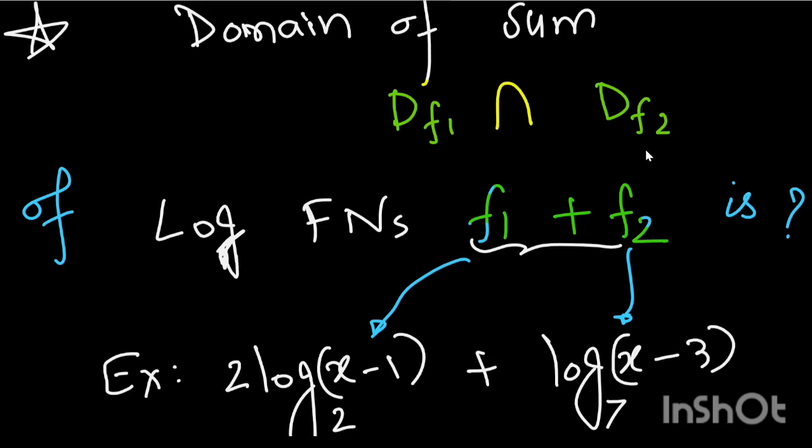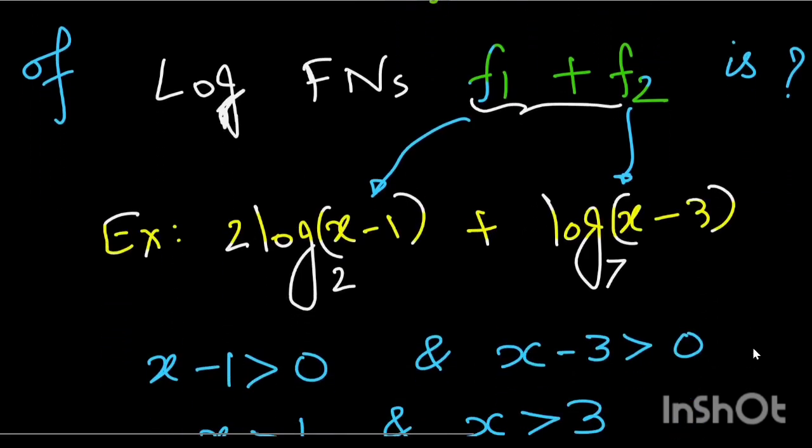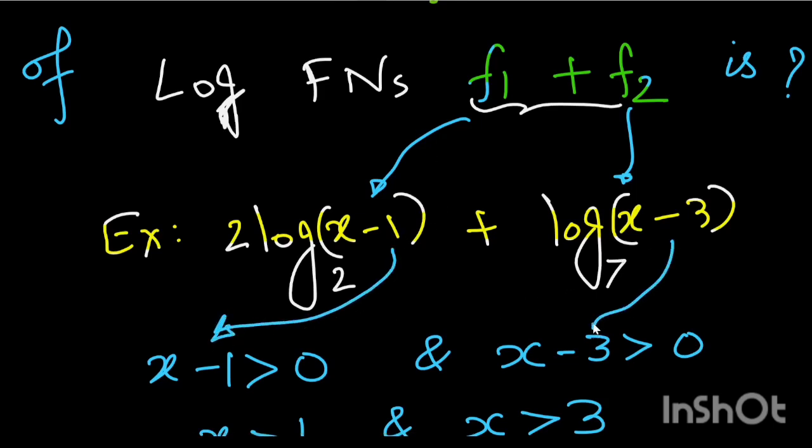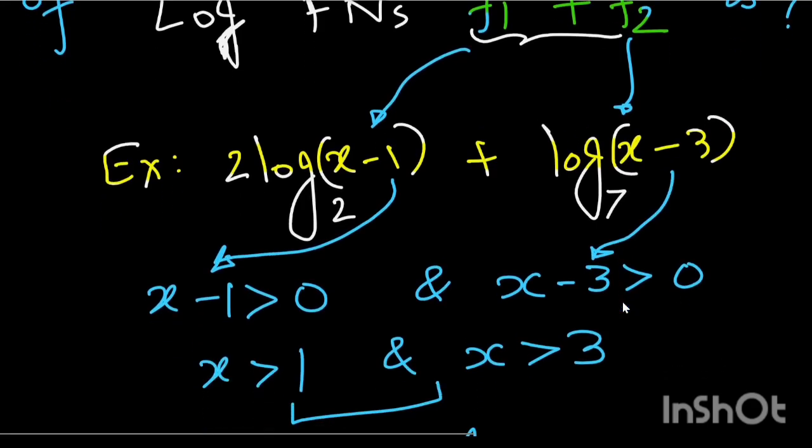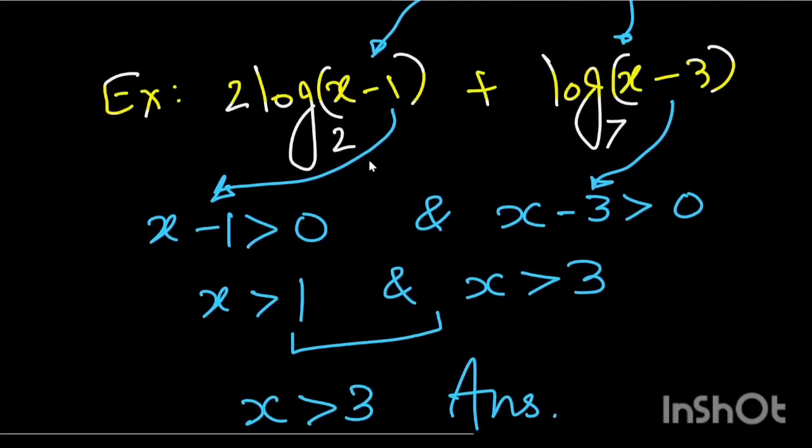So for example, in this, if I have to calculate the domain, we need to find the domain of f1 by imposing the constraint x minus 1 greater than 0, and here x minus 3 greater than 0. So x greater than 1 we will get from f1. The f2 domain is x greater than 3, and their intersection is x greater than 3 only.